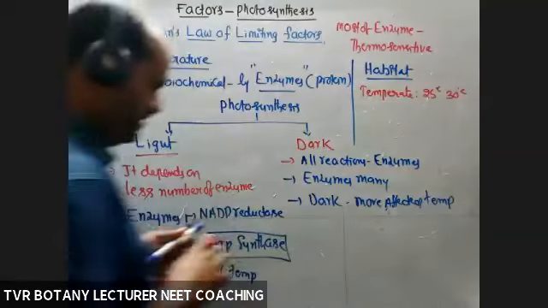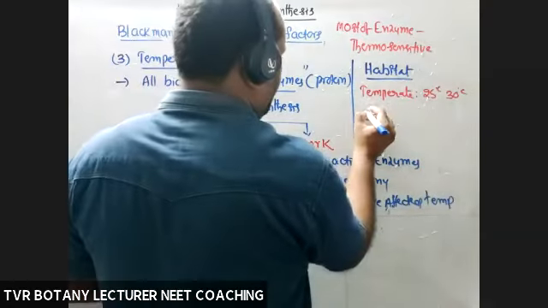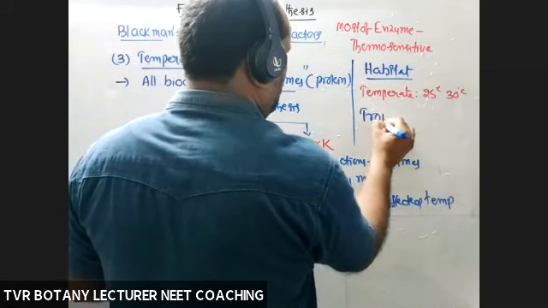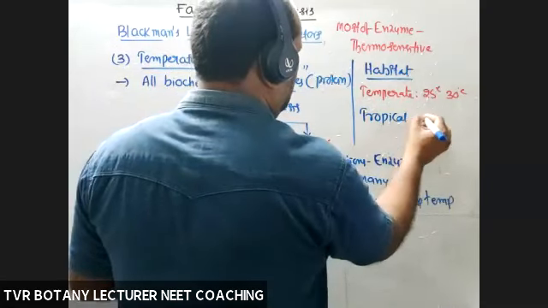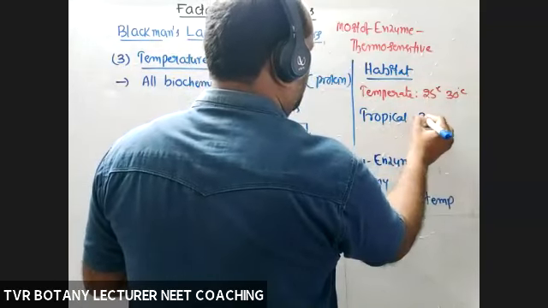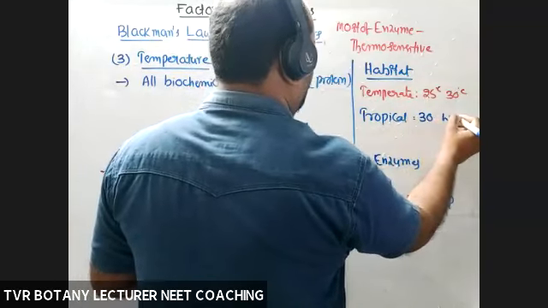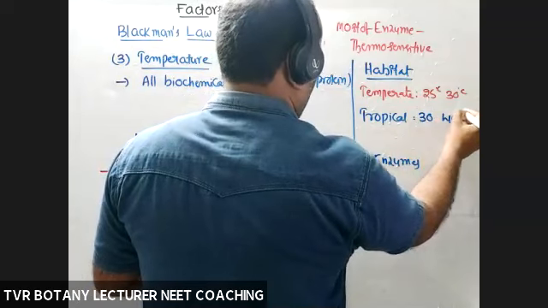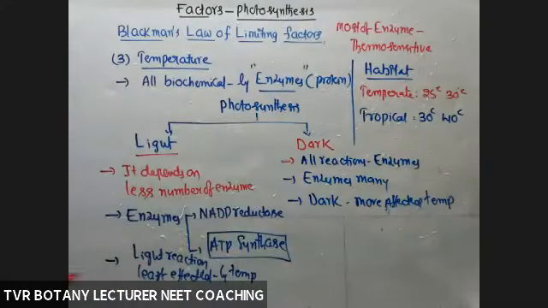In tropical climatic conditions, like desert, it is 30 to 40 degrees or beyond that also. So optimum temperature depends on the habitat of the plant, temperate, tropical, like that. Right? So that is about temperature.